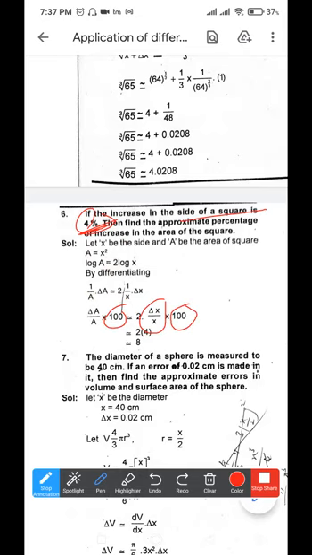It means that the change in length by the total length is equal to 4%. That is, this part will become 4, delta x by x is 4. Got it?